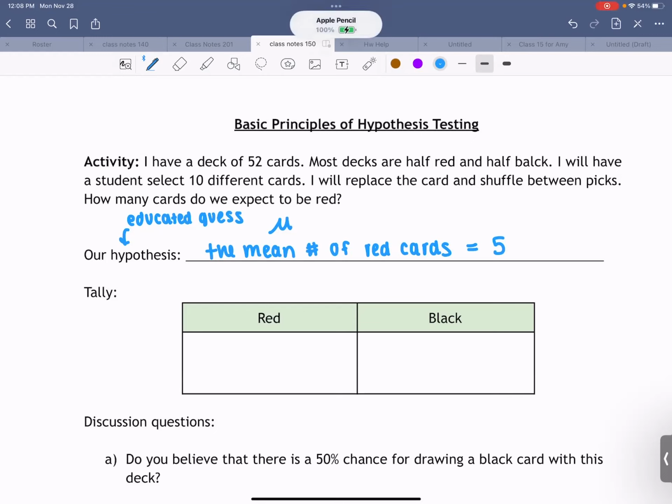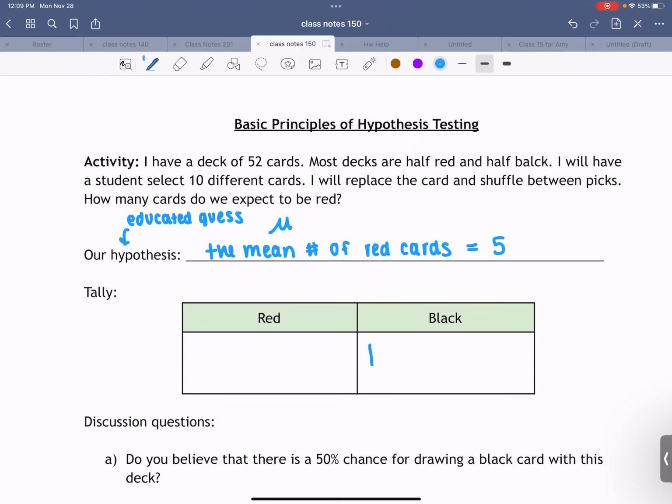All right, well, why don't we do the experiment and see what happens? I got my deck. It's already shuffled, and I'm going to have us pick some cards. So how about Brittany? Do you want to pick the first one? All right, is it black or red? Black. All right, it's a black card. I'm going to put it back in the deck at random, and we're going to tally up black.